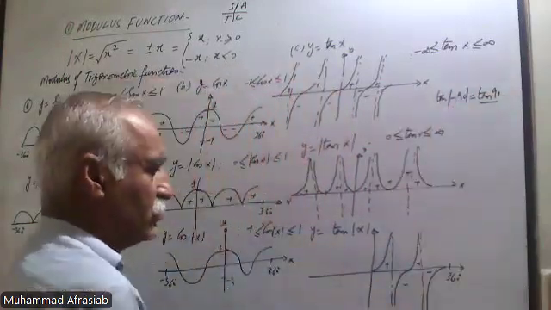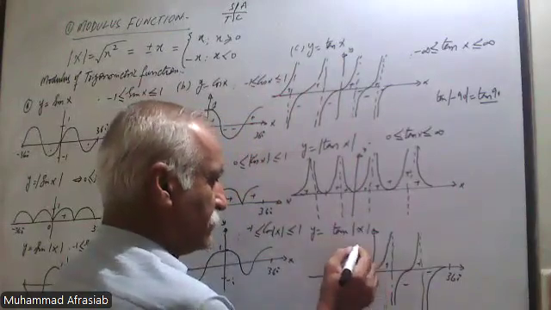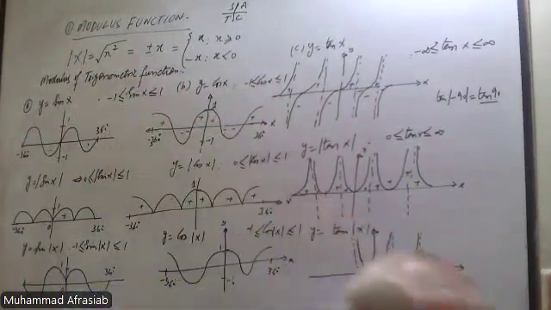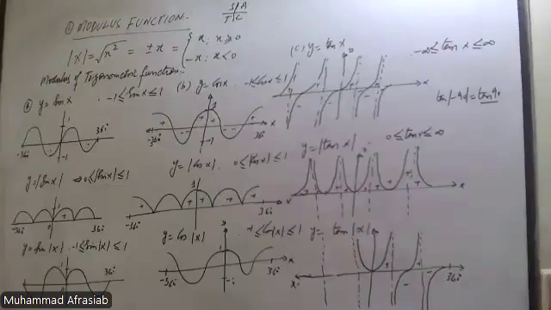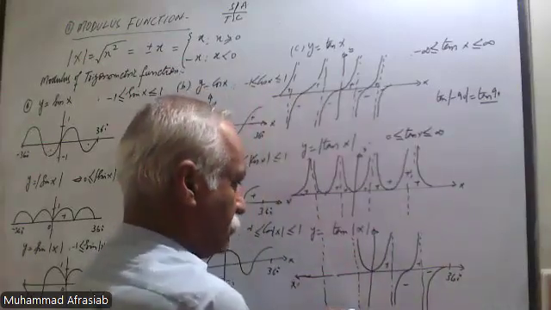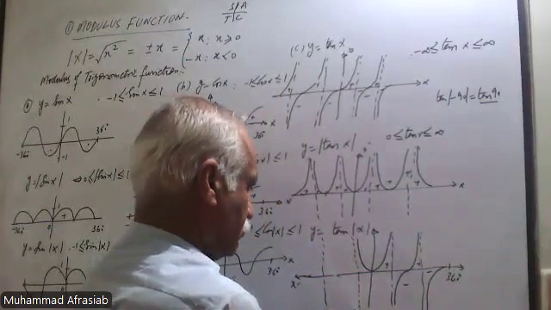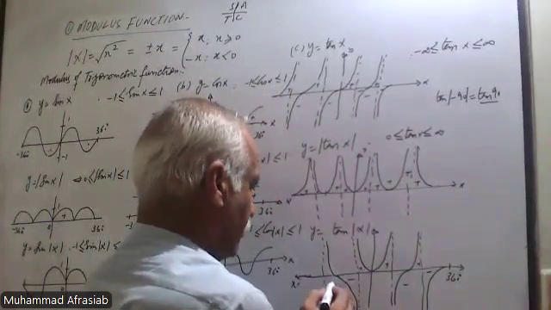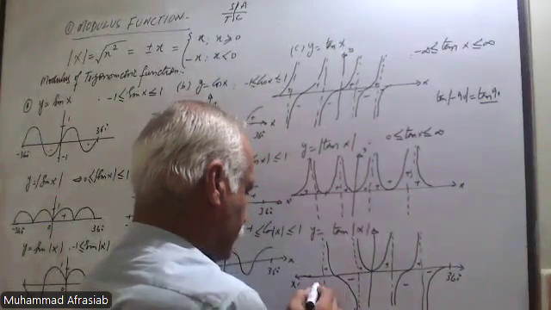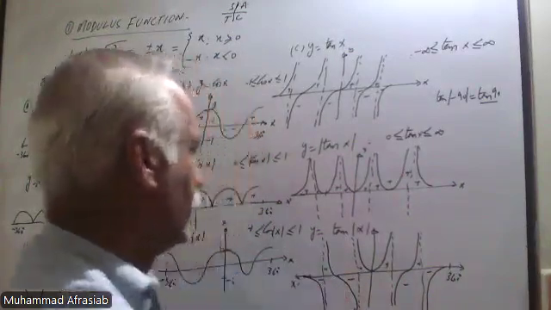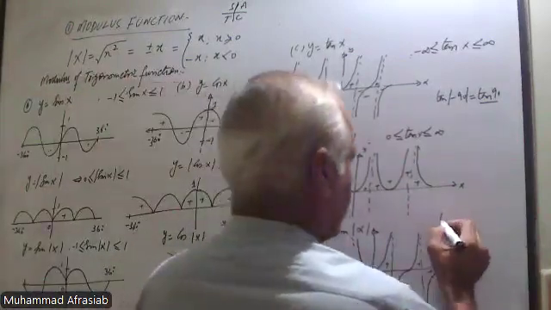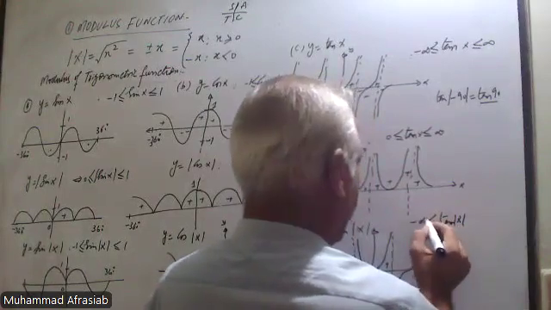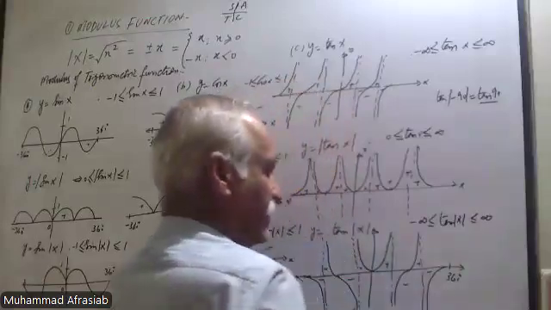So this graph will be like this. The range of tangent of modulus x is between minus infinity and plus infinity.